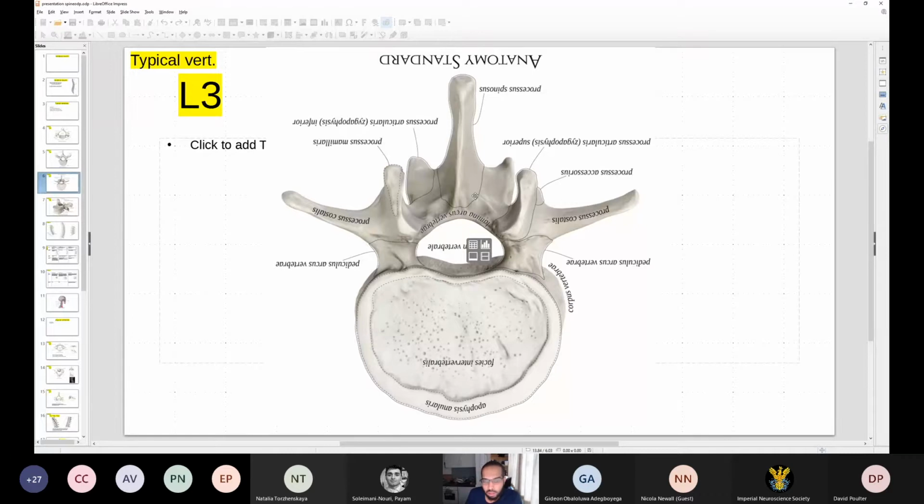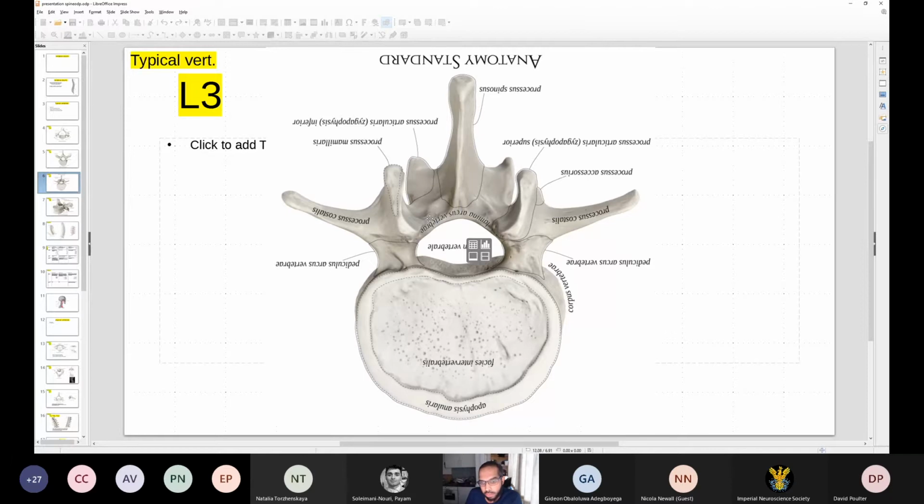And you have pedicles anteriorly. So laminae posteriorly and pedicles anteriorly. So you have two laminae meeting in the middle, so they form a process, and that's a spinous process. And you have two processes on each side heading laterally, so these are the transverse processes.